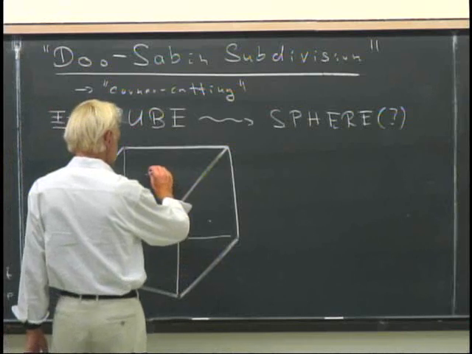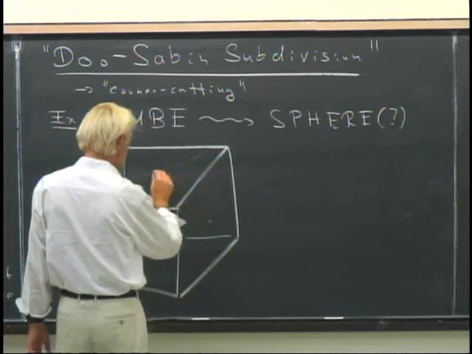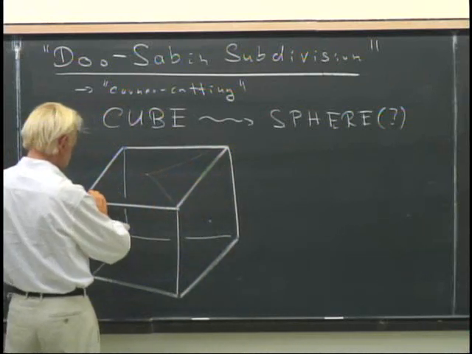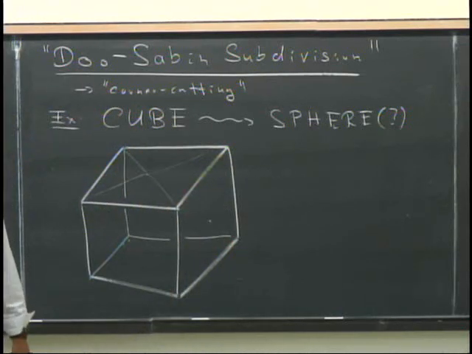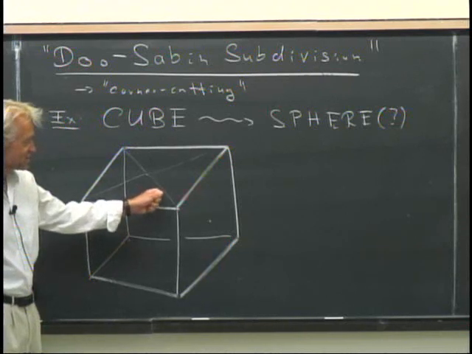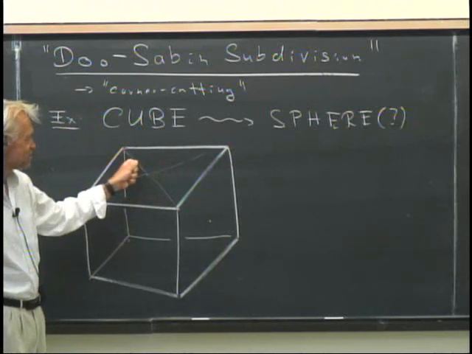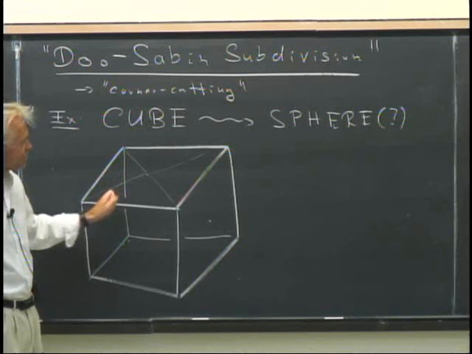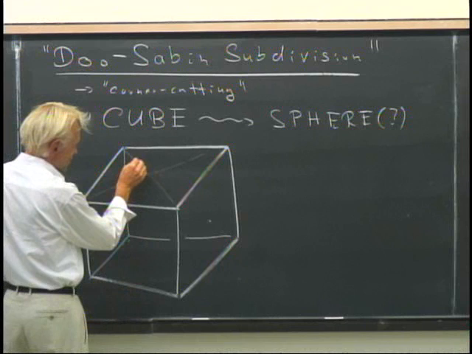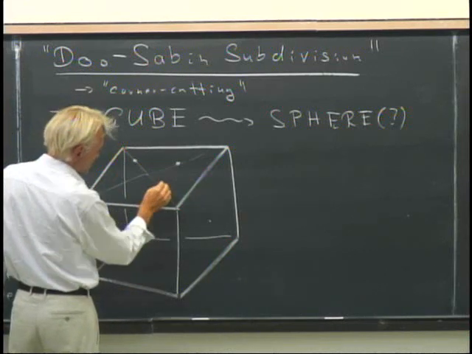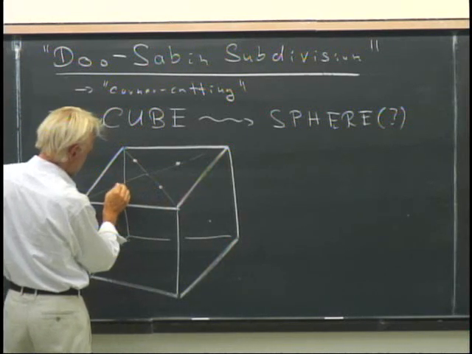Mathematically that's what it does. And then it takes all the midpoints of these new edges, and you get new vertices, namely these guys, the midpoints here, this one, and this one.